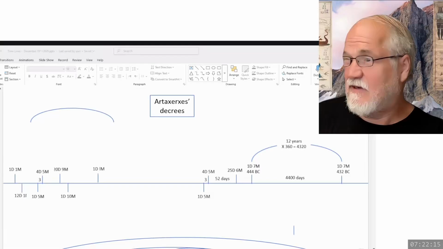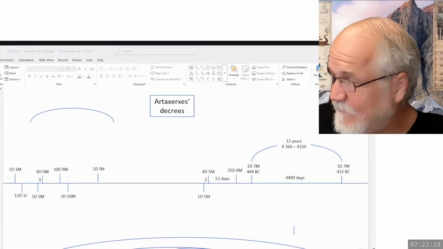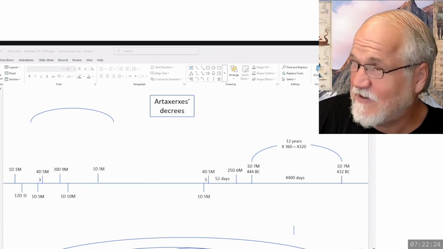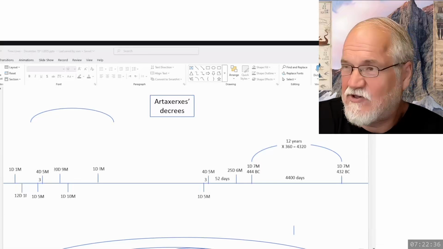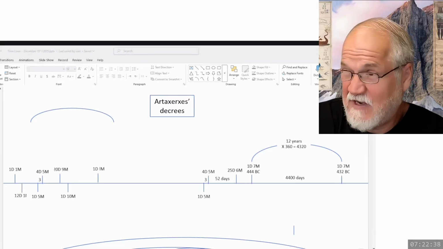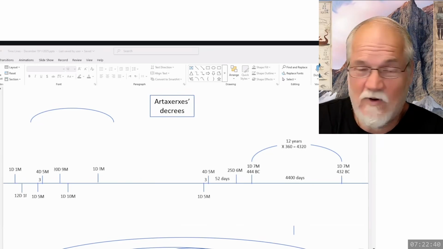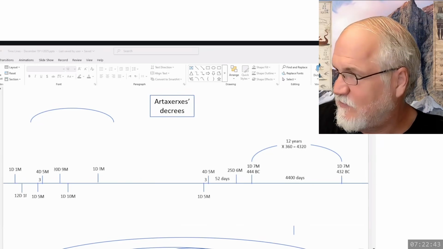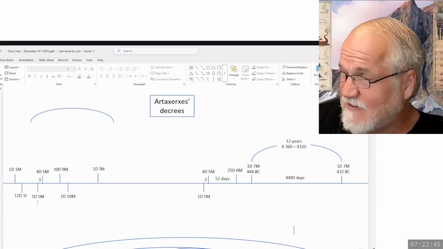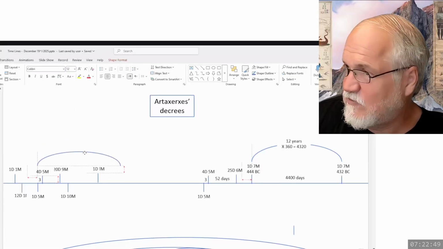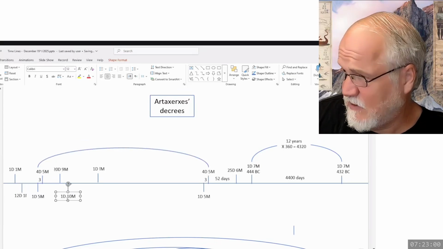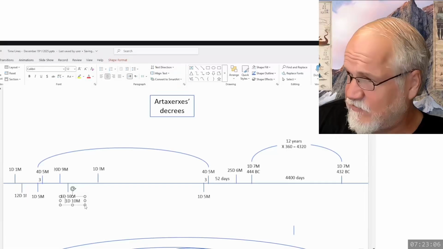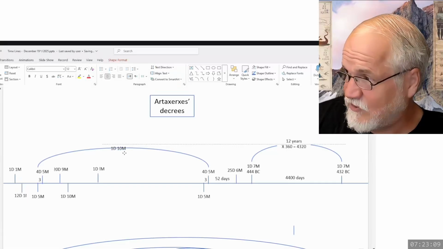Is there any significance in 4,832? If we went from, let me see, now the inclusive count, if we go from the first day of the fifth month in 457 to the fifth day of the fourth month in 444. So I'll show you what I mean here. So if we go from this date here to this date over here, this is going to be 4,836 days, which is significant.